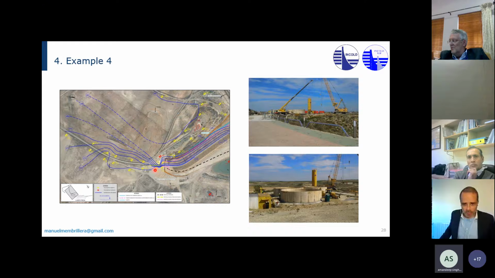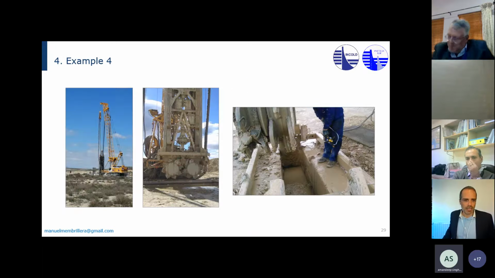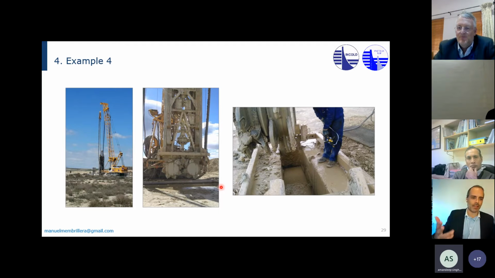Thanks to the extension of the cut-off wall, you can see the lines are close together here, so the gradients are no longer causing erosion. And these are some pictures of that emergency work to extend the cut-off wall, and how the monitoring system was key to follow up and detect all these issues.